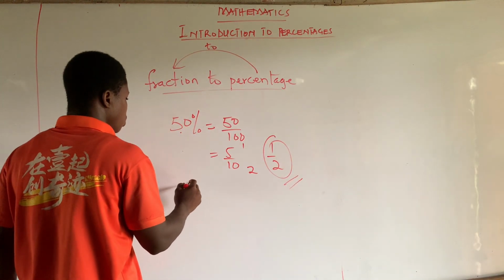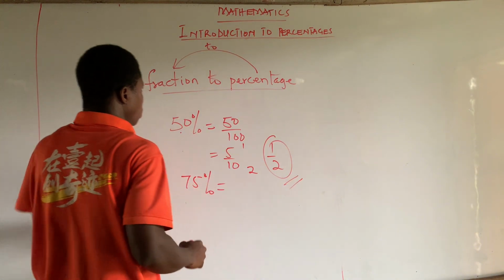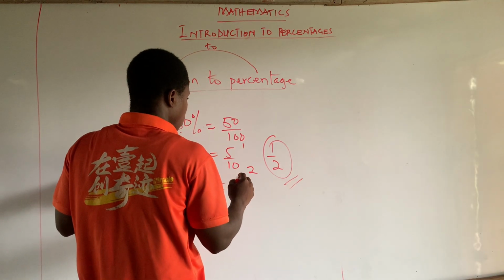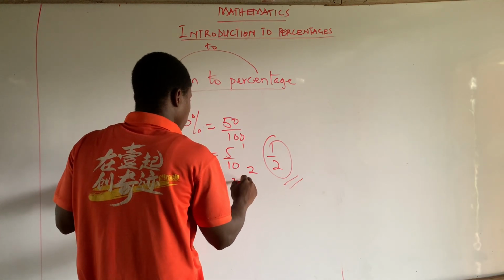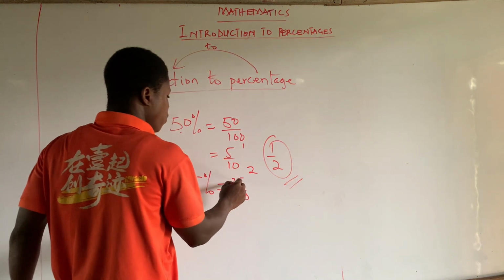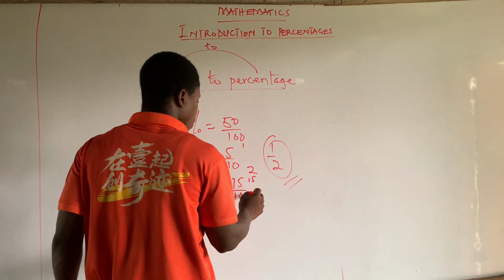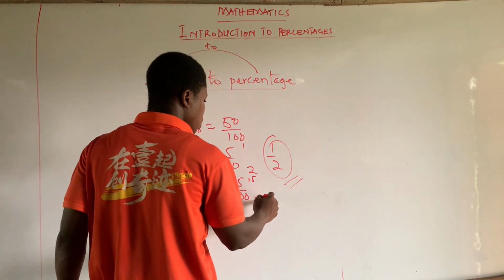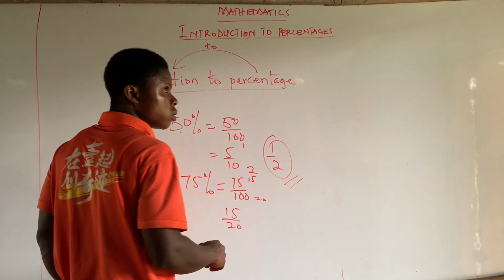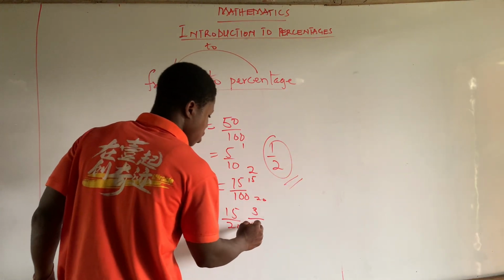Let's move on. 75% into a fraction. 75 out of 100 because of the percent. 5 goes here, 15, and 5 here, 20. So it will be 15 out of 20. Divided further, 5 goes here, 3, and here, 4.